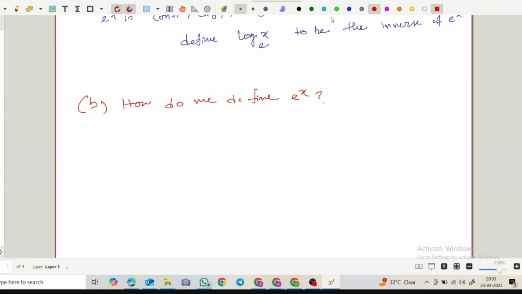One thing is clear. For n belonging to the natural numbers, you can define e to the power n as the product of n e's, right? And e to the power 0 is of course 1 by definition. E to the power minus n you can define to be 1 by e to the power n, once you have defined it for positive n.